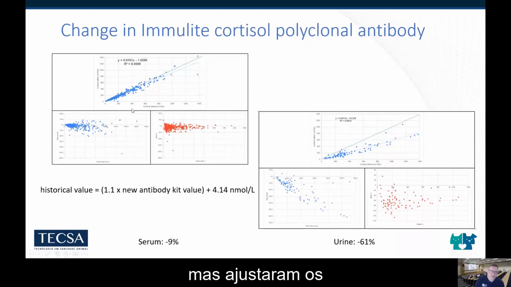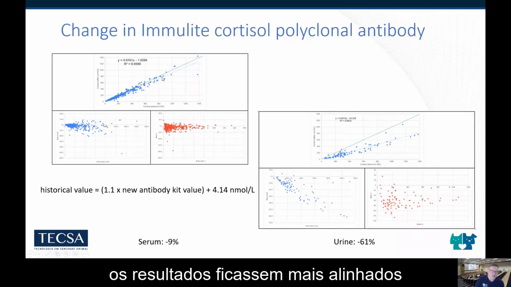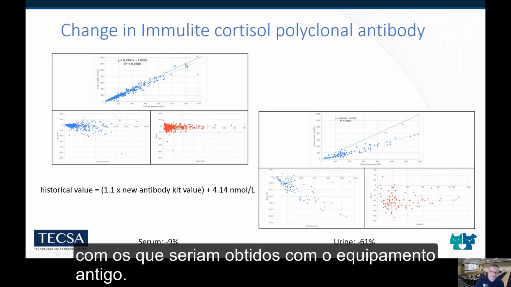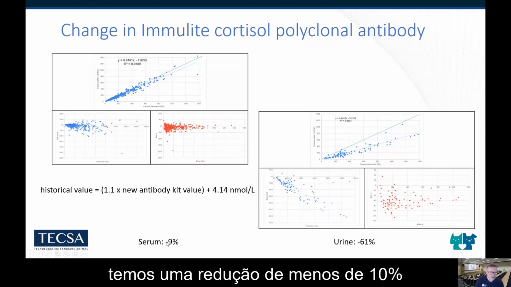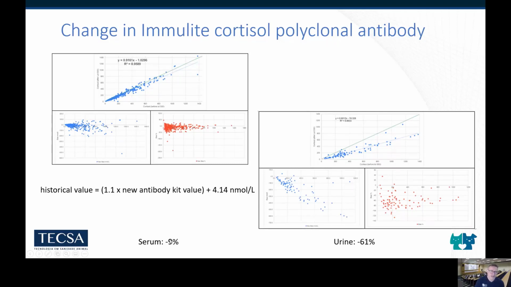But what they did was adjust the calibrator values when used for veterinary purposes so that the results fell much more along the lines of what they would have done on the old equipment. And so on average, instead of a nearly 25% decrease, there's a less than 10% decrease on the new version of the assay.